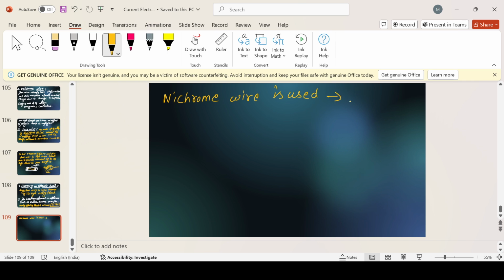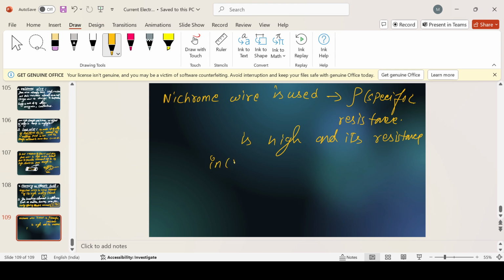Because its resistivity, that is specific resistance, is high and its resistance increases to a great extent with rise in temperature.